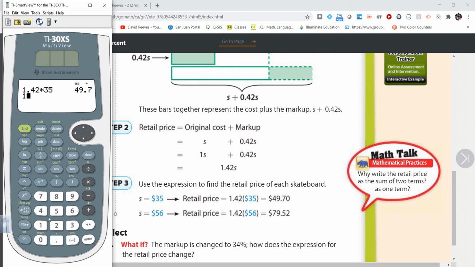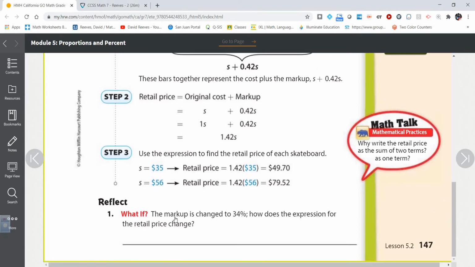Or what if instead of the skateboard originally costing $35, it originally had a cost of $56? So now we multiply by 56, and of course we get a bigger number now because we're starting with a bigger number, and we get $79.52. So again, if it is a markup, that number will always be greater than 1, because it's over 100%. You multiply the decimal version of the percent times the value.